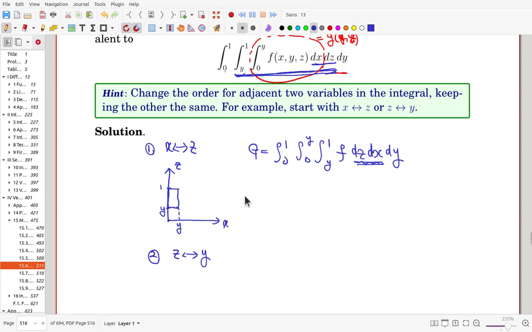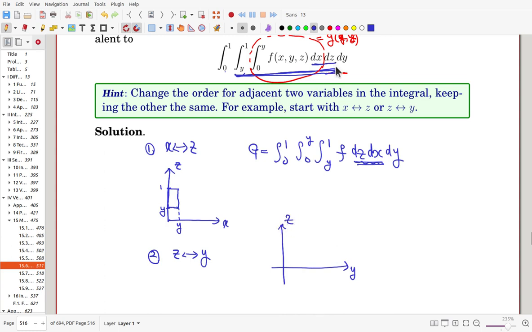Let's try to visualize the region and make a picture here, with the y direction and the z direction.